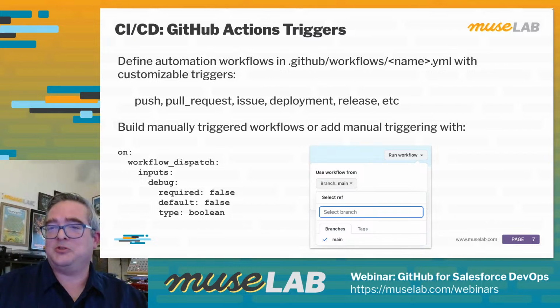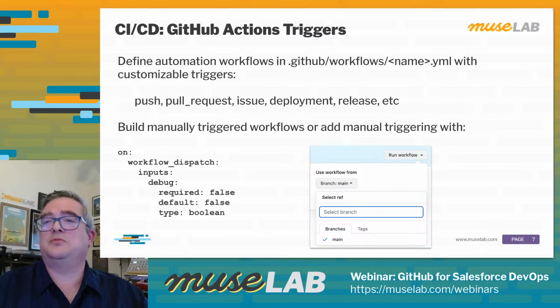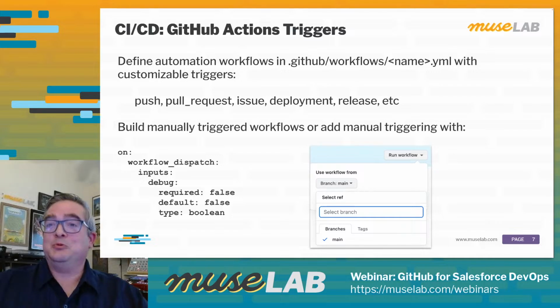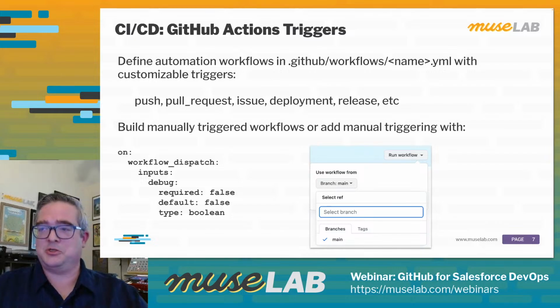This is a good way to automate processes that you want to manually trigger. A good example is that pretty much all the ISVs that I work with use this for their production release flow. If you want to create a production version of a package, that's a manually run automated process.